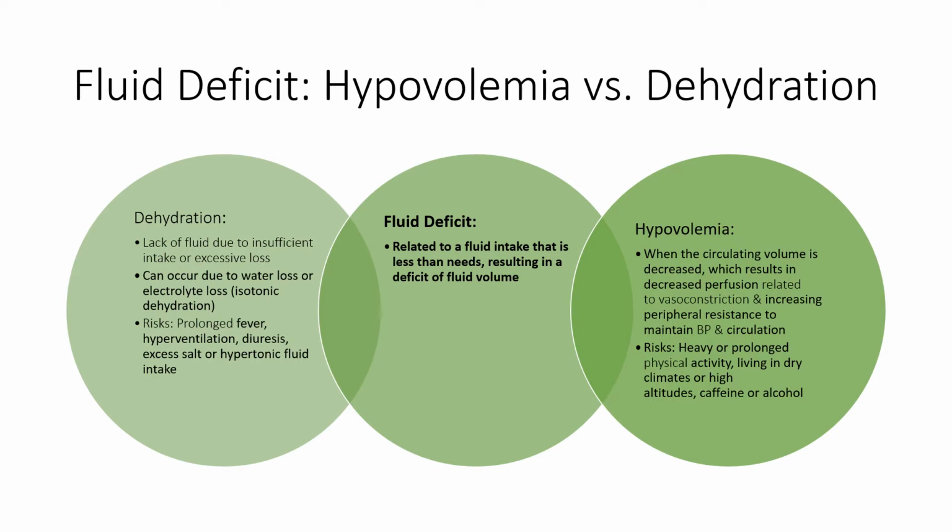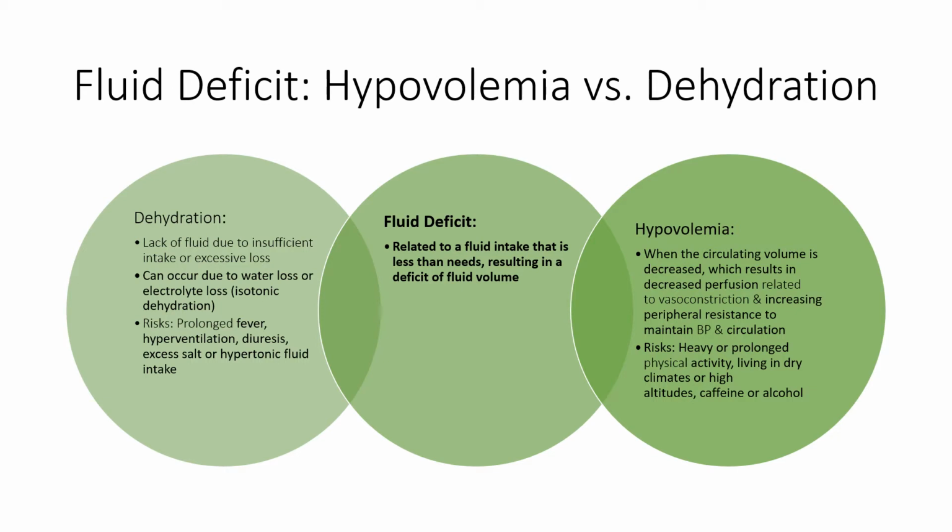Hypovolemia is when the circulating volume is decreased, which decreases perfusion related to vasoconstriction and thereby increases peripheral resistance in order to maintain blood pressure and circulation, versus dehydration, which is the lack of fluid due to insufficient intake or excessive loss. So there are different types here of fluid deficit.